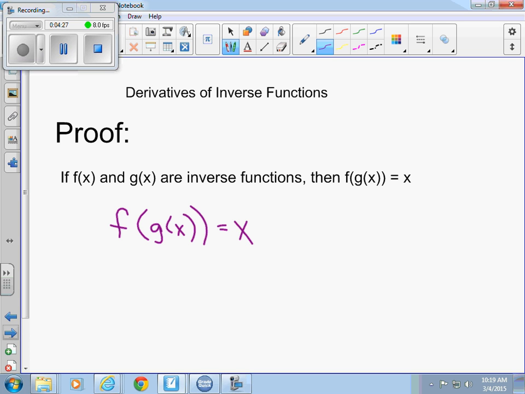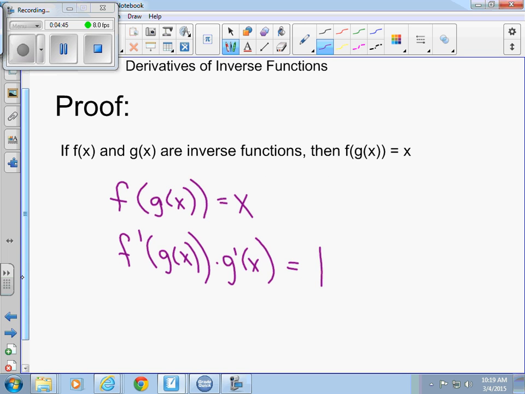What is the derivative of f of g of x? Good, which is just 1. So if I know the derivative of f, and I want to know the derivative of its inverse g, then g prime of x would be 1 over f prime of g of x.